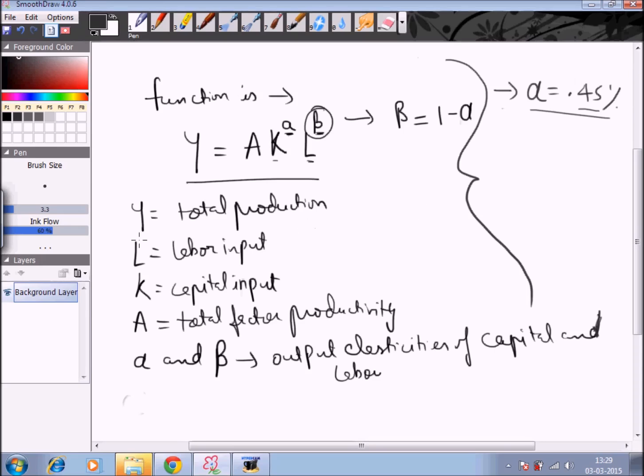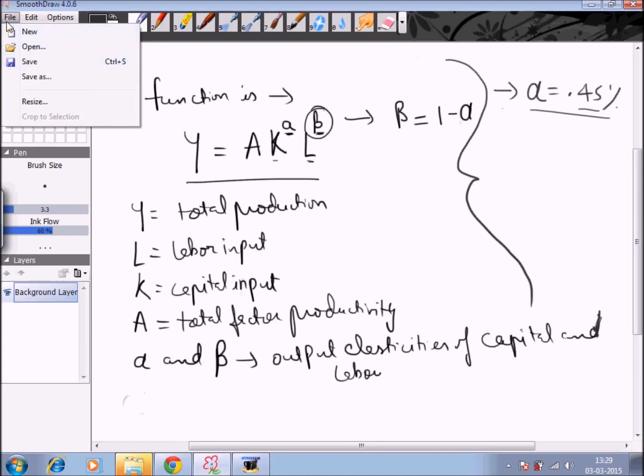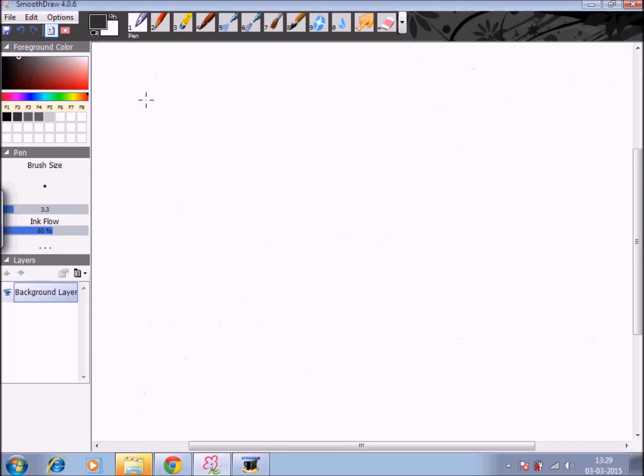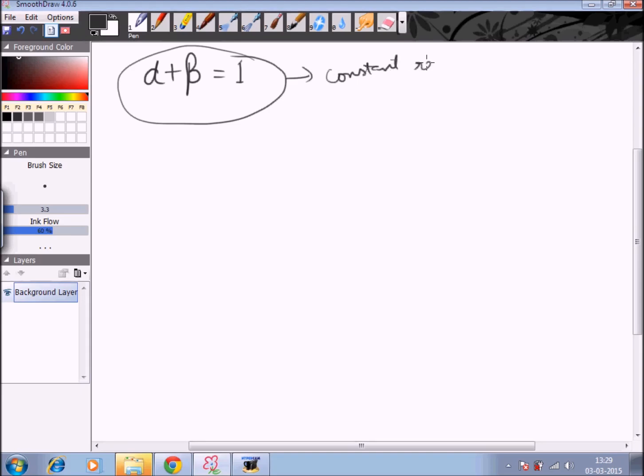Now further we can also say that if we have to derive the law of returns to scale through this production function, we can say that if alpha plus beta is equal to 1, now this elasticity shows us that it is constant returns to scale.